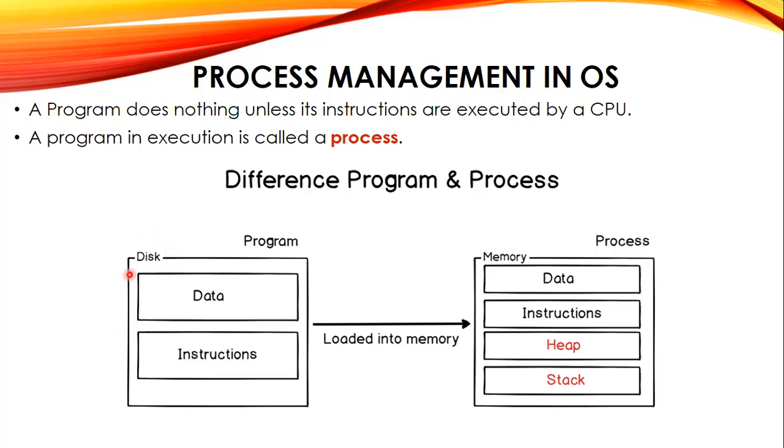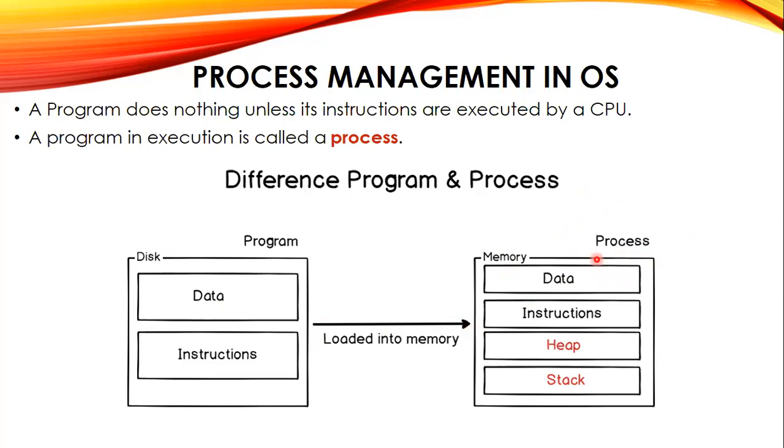or secondary memory. And when it is becoming process, when it is loaded into memory from hard disk. So when it is loaded into memory, it is becoming a process. So inside the memory, a program is a process. So it means it is ready for execution.